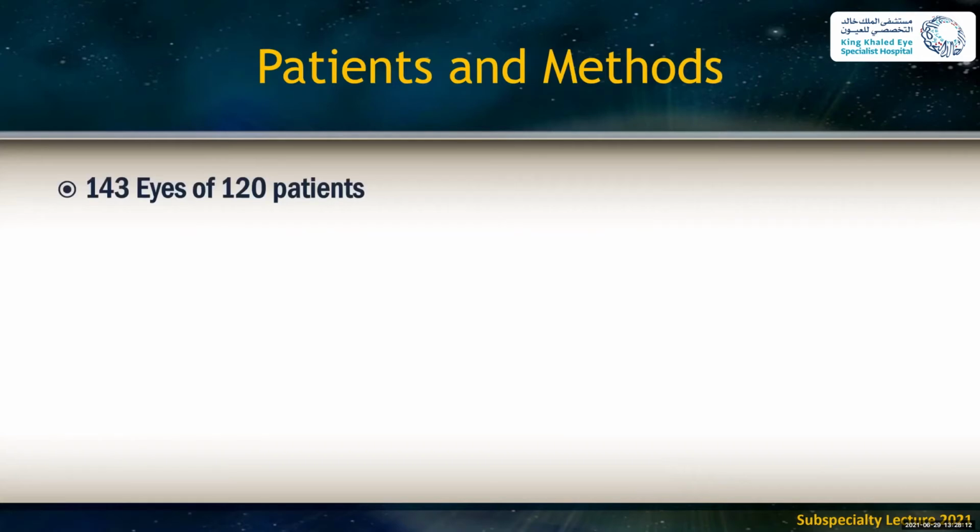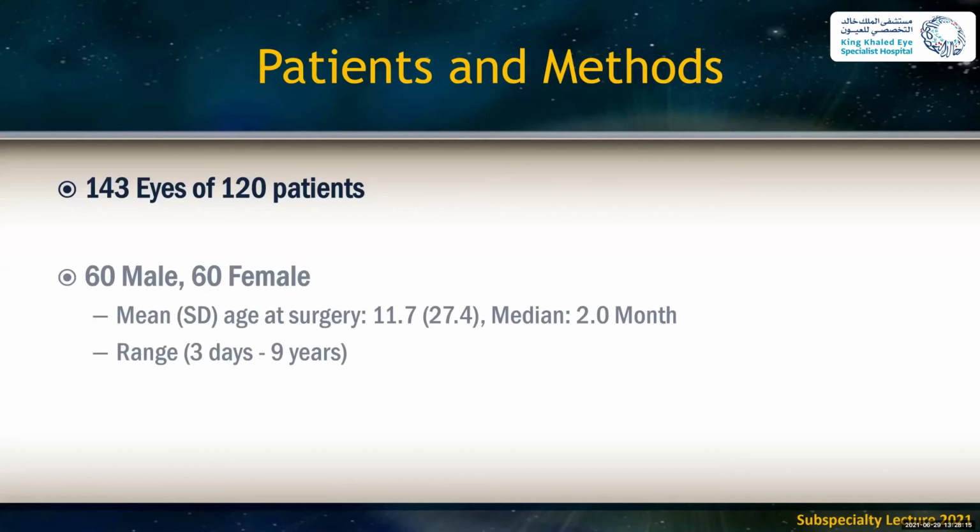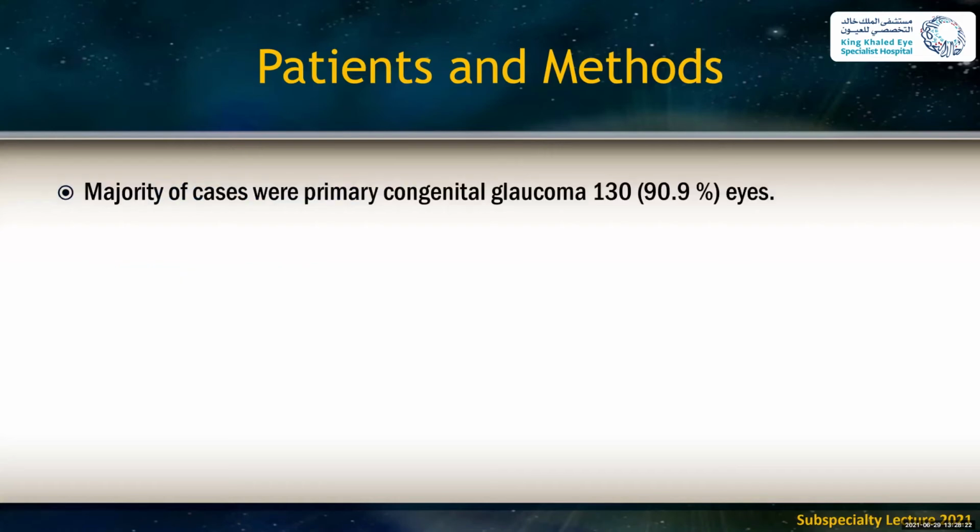I will go just over our cases: 143 eyes of 120 patients, the mean ages and so on. The majority of cases, and this is very important, were primary congenital glaucoma, more than 90% of our patients. Almost 87% of them were newborn, the primary newborn congenital glaucoma, the severe type.